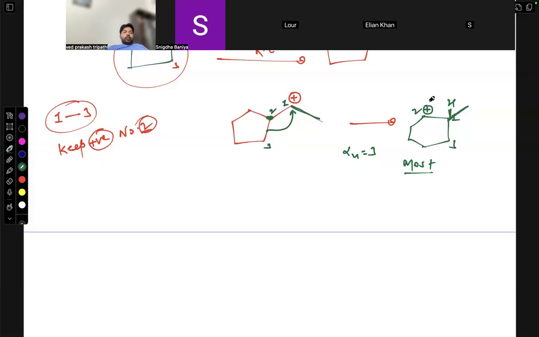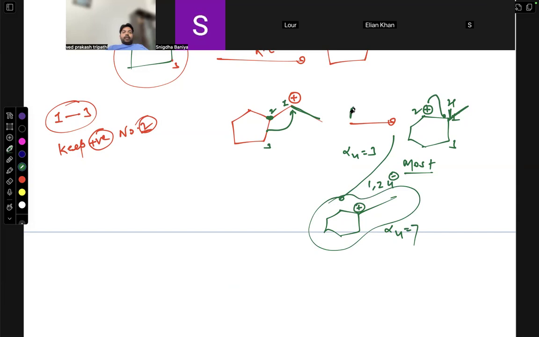So if you are going to shift your positive over here, alpha H is here 3 to 5 to 7. So this is the most stable form. This is called 1,2 hydride shift. So finally we have this one as a carbocation. This is the ring expansion. Make sense? Any doubt?